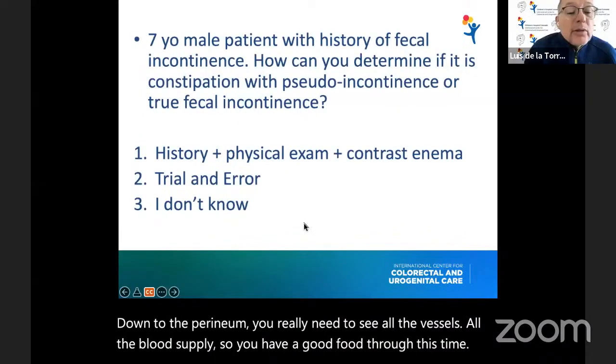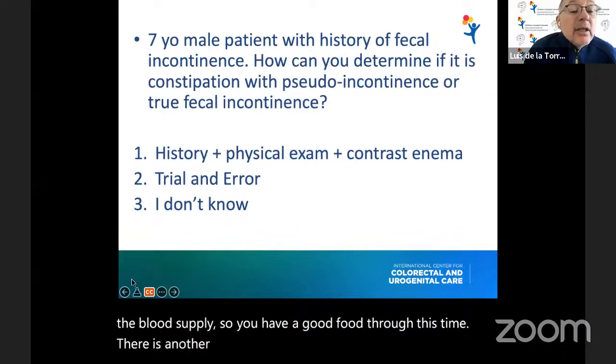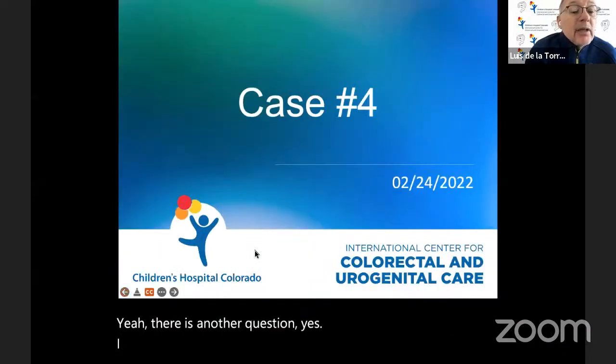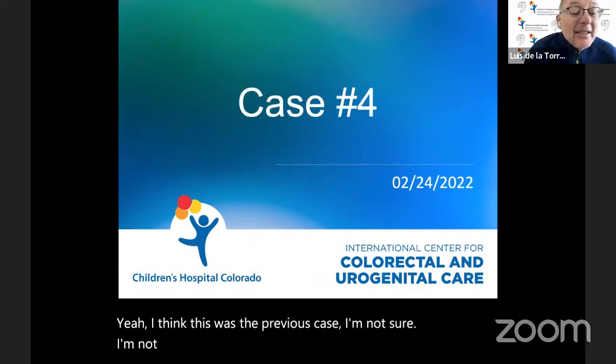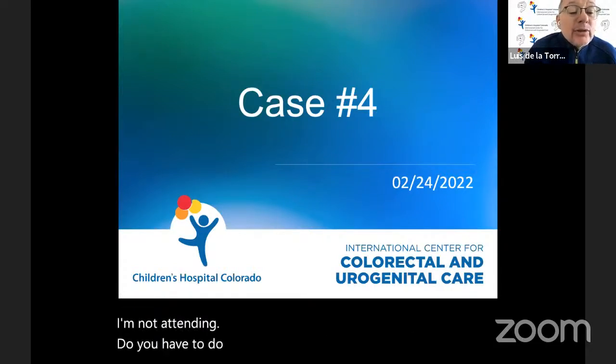Yeah, there is another question. I think it's from the previous case. It's from an anonymous attendee. It says, do you have to do voiding cystourethrogram, or just the colostogram?